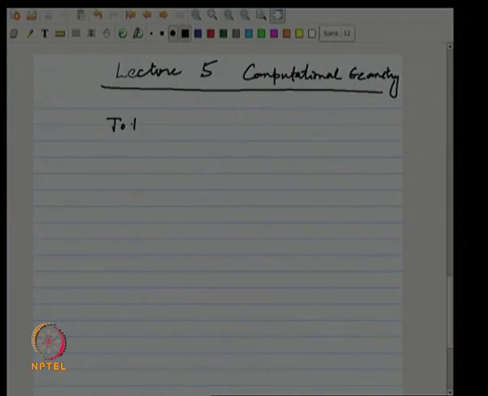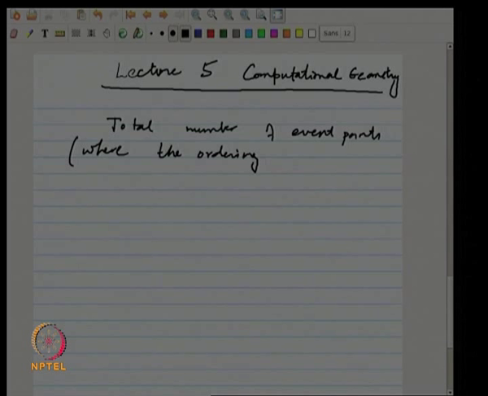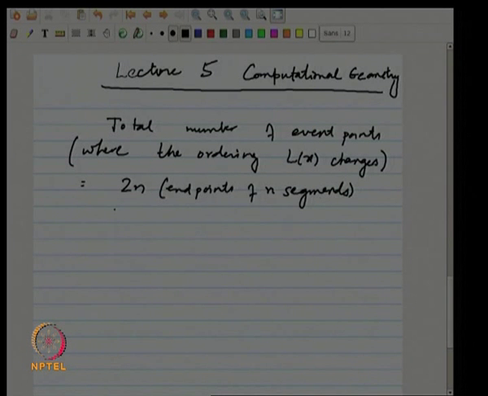So, how many event points do we encounter? The total number of event points where the ordering of x changes is 2n, the 2n endpoints, plus, let us call this capital I, the number of intersecting pairs.